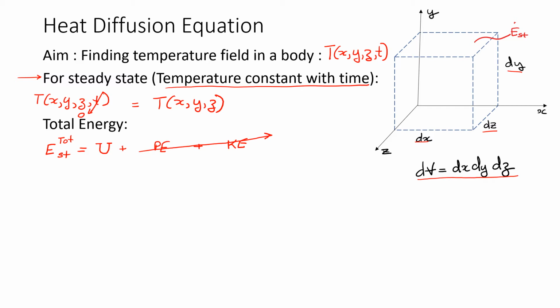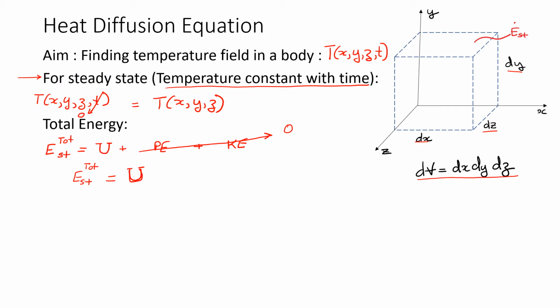You might have looked at this in your physics course. So we will ignore the contribution of potential energy and kinetic energy in this course. So this brings us to the total energy stored in the system being equal to the total internal energy, which is just a function of temperature.